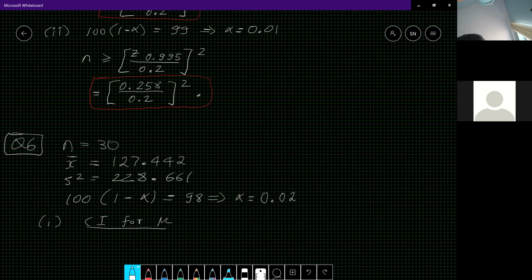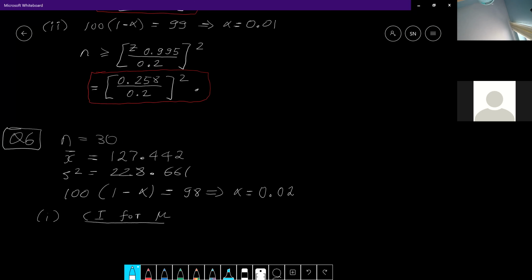The formula that applies to this situation is the second one, which is x bar plus or minus t with n minus 1 which is 29 degrees of freedom, 1 minus alpha by 2 which will be 0.99, times s, which is the square root of 228.661, divided by n, which is 30.